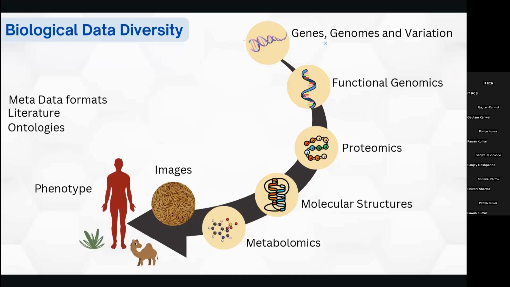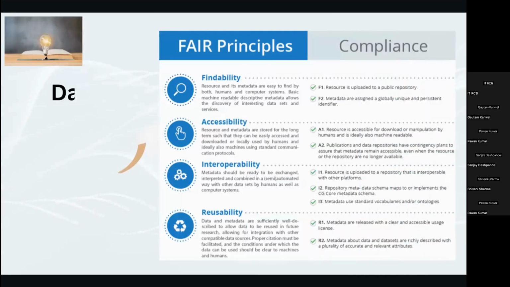The information about each type of data, how it is generated, what its origin is, what technology is used, how many biological and technical replicates, all this information is filled in by the users, and then we submit data in the different portals.